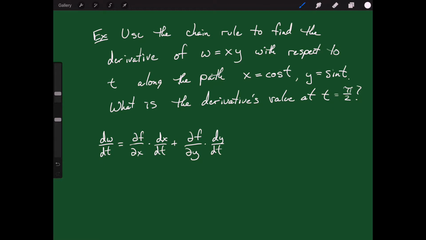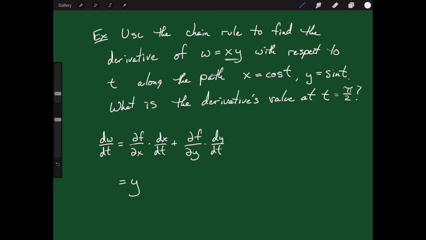Okay, so let's just do this one step at a time. First, what is the partial of f with respect to x? Well, f itself is x times y. So if I take the derivative of xy with respect to x, I just get y.